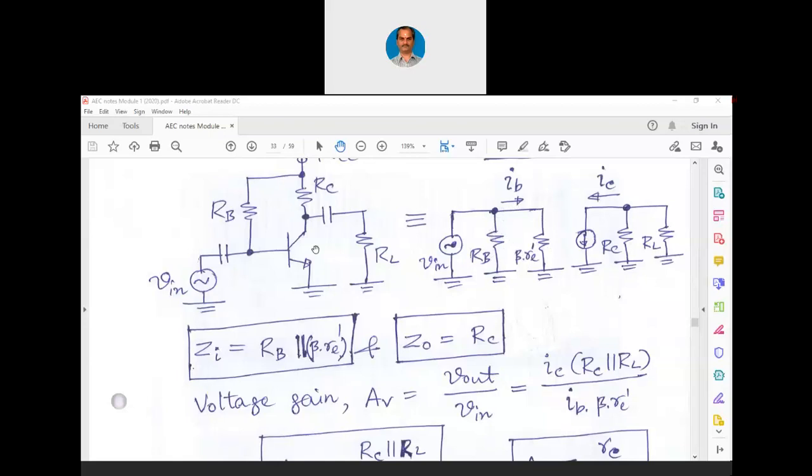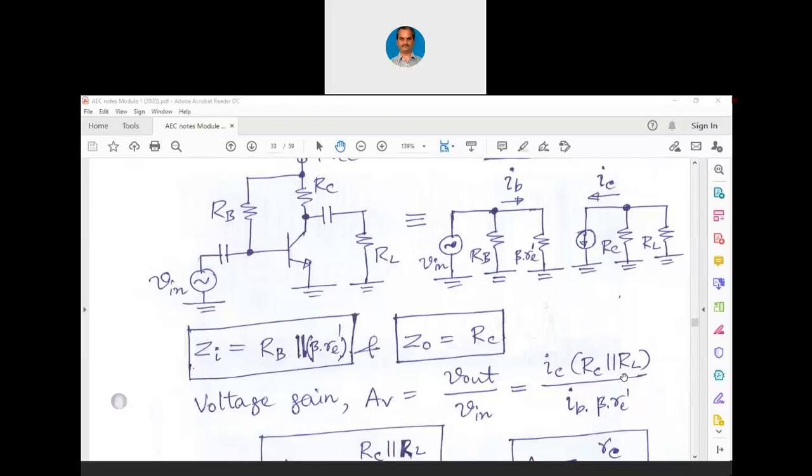RB is a biasing resistor where DC current is flowing, whereas for RC we have to consider the AC current as well, because there is a ground here. So AC ground here. Just imagine only this much portion. We will exclude RB from our gain calculation. So V out is IC into RC parallel with RL, and V in is IB into beta into RE dash.